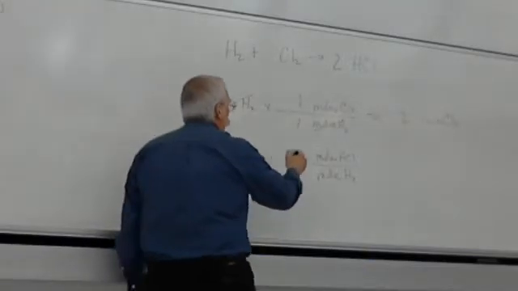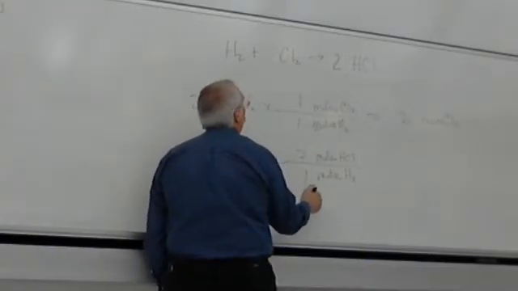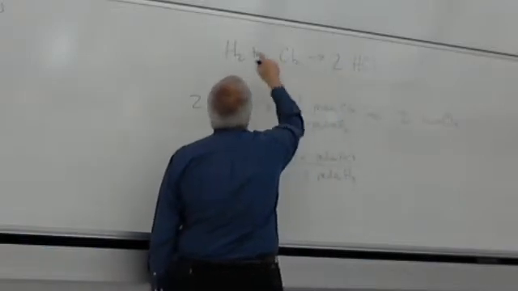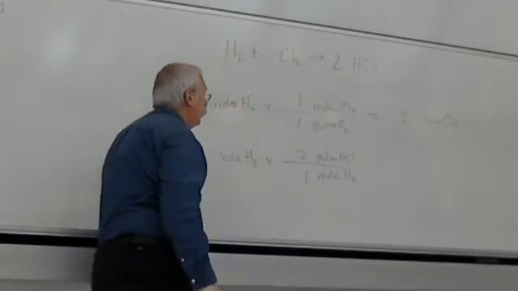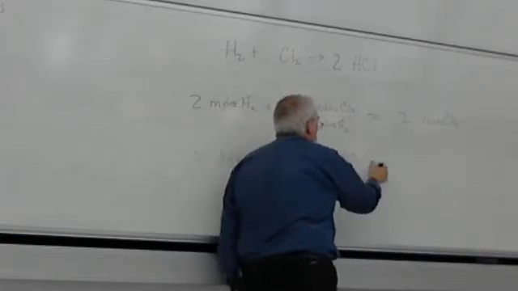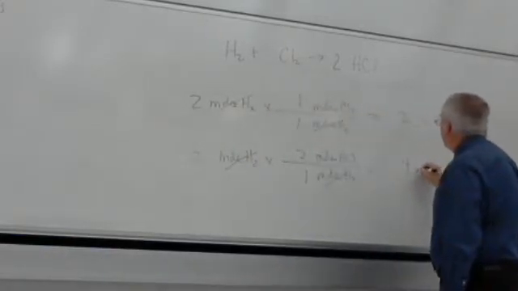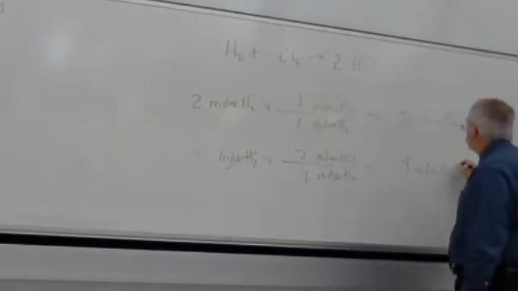From the balanced chemical equation. Those numbers always come from the balanced chemical equation. So, 2 moles of HCl for 1 mole of hydrogen, because there's a 2 here and a 1 here. Moles of hydrogen cancel, and I'm left with, I should make 4 moles of HCl.